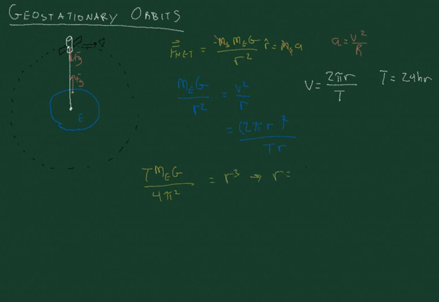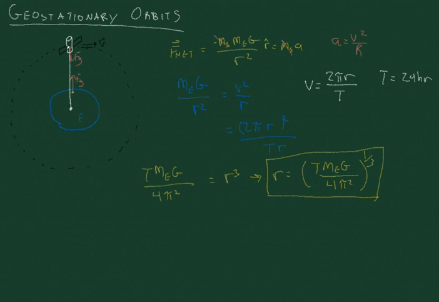So the radius is the period squared, mass of the Earth, G, divided by 4 pi squared, to the 1/3. And so this is the radius for a geostationary orbit. This is the only radius that you can get for a geostationary orbit. So we really have a finite number of satellites that we can put in an orbit like this around the equator. Okay.